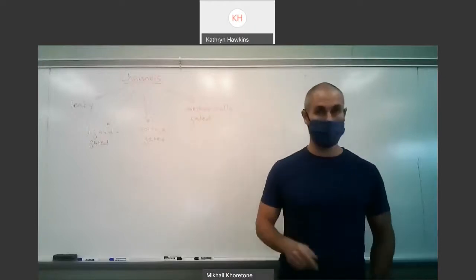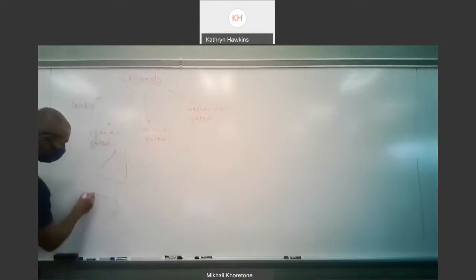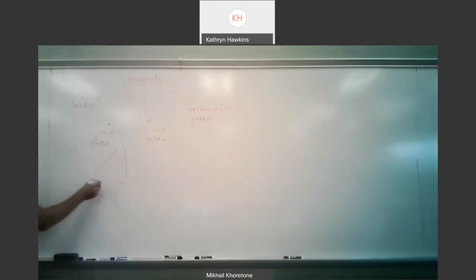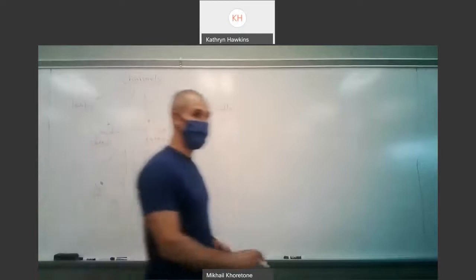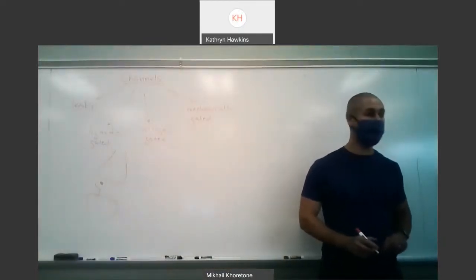Finally, ligand gated channels. Here, we need to go back to our discussion of synaptic transmission, where we mentioned that there is a neurotransmitter, okay? And it binds to some kind of receptor, okay? So essentially, ligand gated channels represent one type of such receptor.